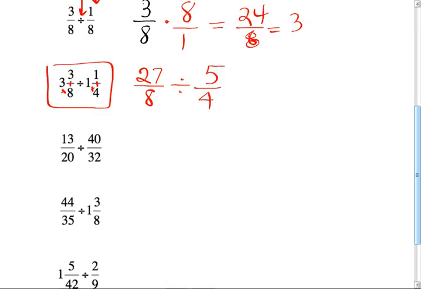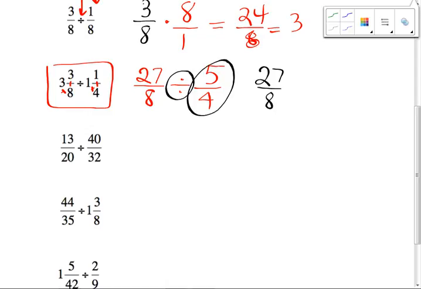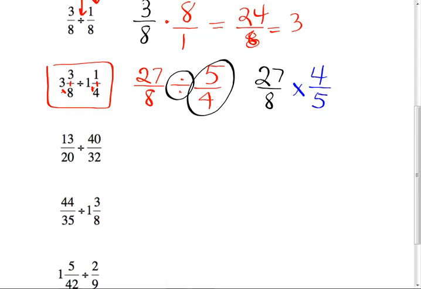So 27 eighths divided by 5/4 will be 27 eighths, and then I have to change the division to multiplication and flip that, 4 out of 5. Is that okay?